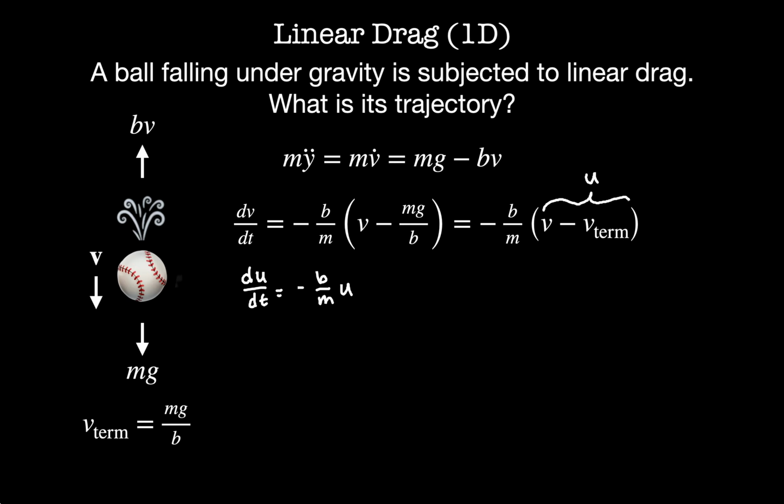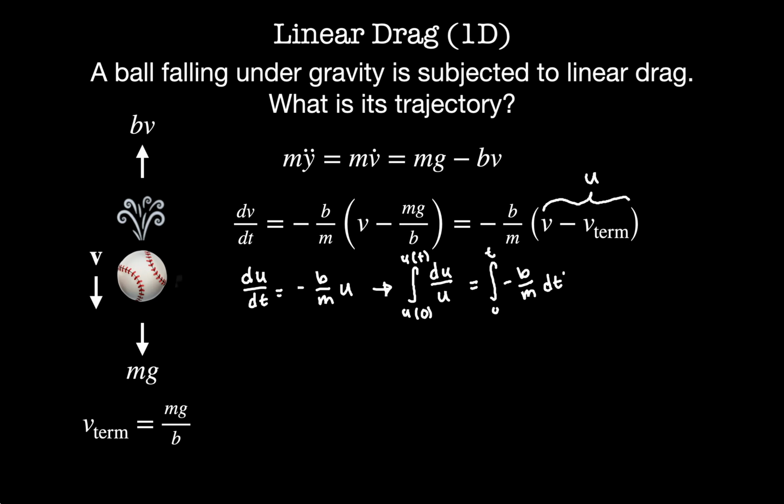I can pull the u terms to one side and the t terms to the other side. So I end up with an integral of du over u is equal to the integral of minus b over m dt prime. So this is from 0 to t, and this is from u of 0 to u of t. And we can plug in velocity afterwards.